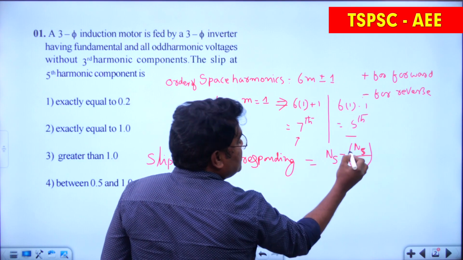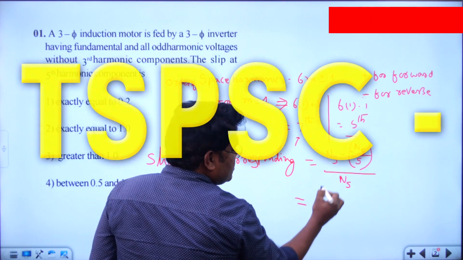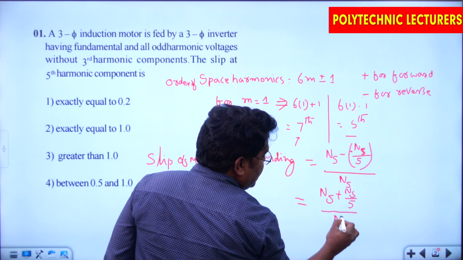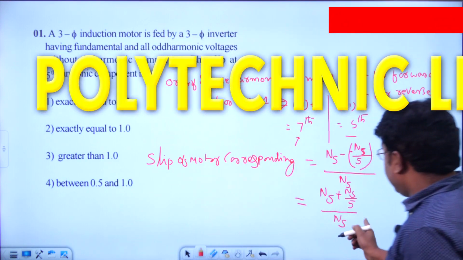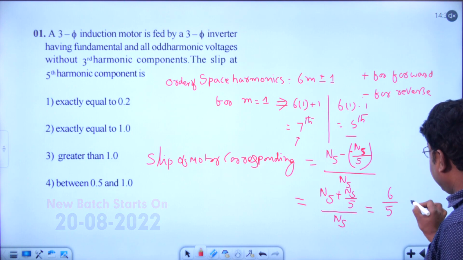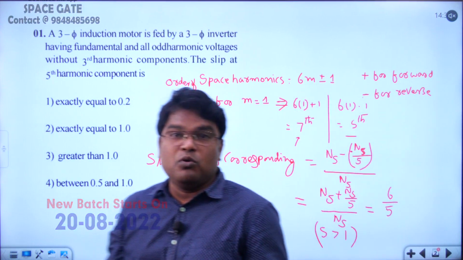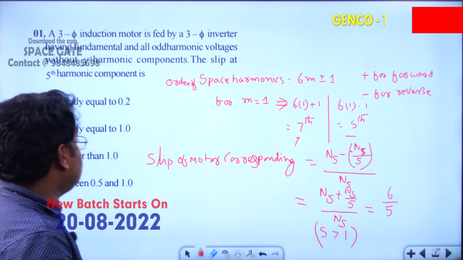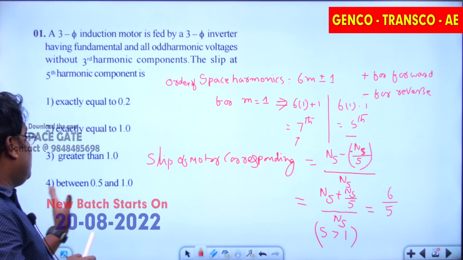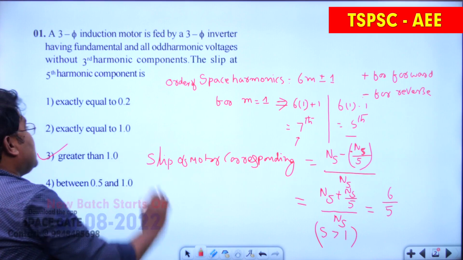The fifth one is negative, so it is ns minus of minus ns by 5, divided by ns. Simplifying this, it is ns plus ns by 5, divided by ns, which is 6 by 5. So the slip is greater than 1. Which option is suitable? Exactly equal to 0.2, exactly equal to 1, greater than 1, or between 0.5 and 1. So option C is correct for this question.